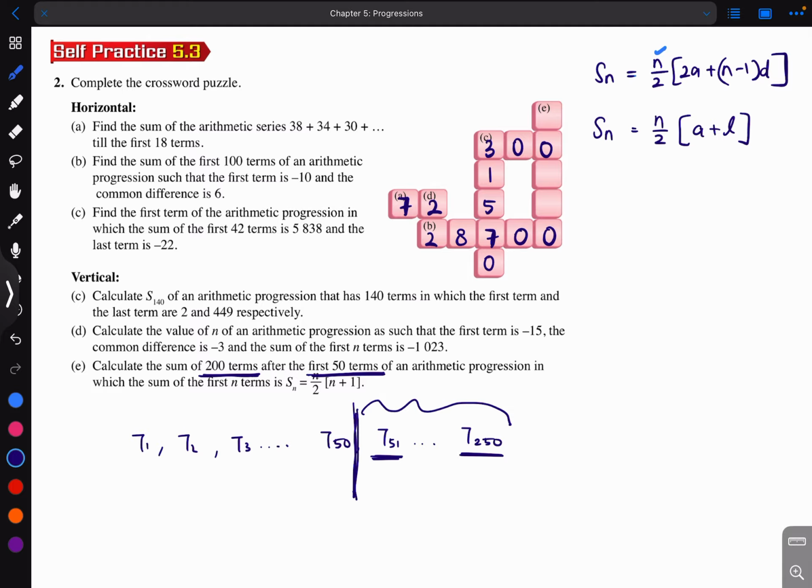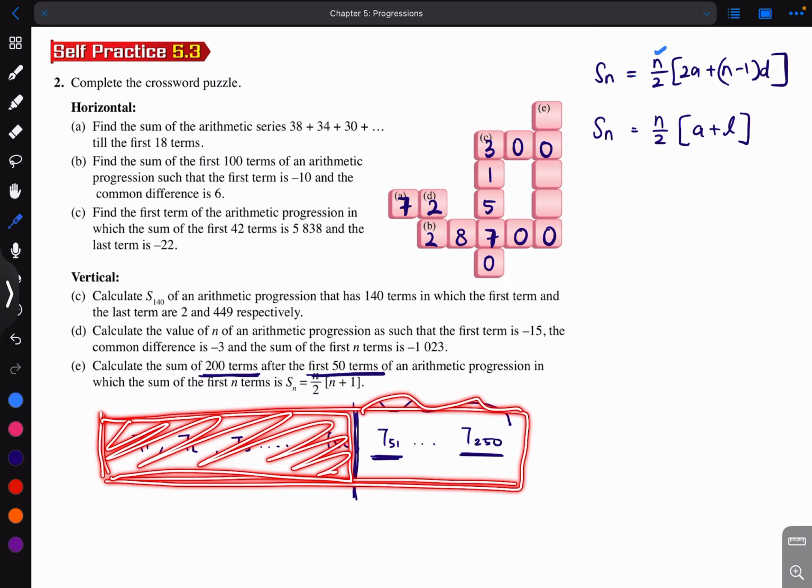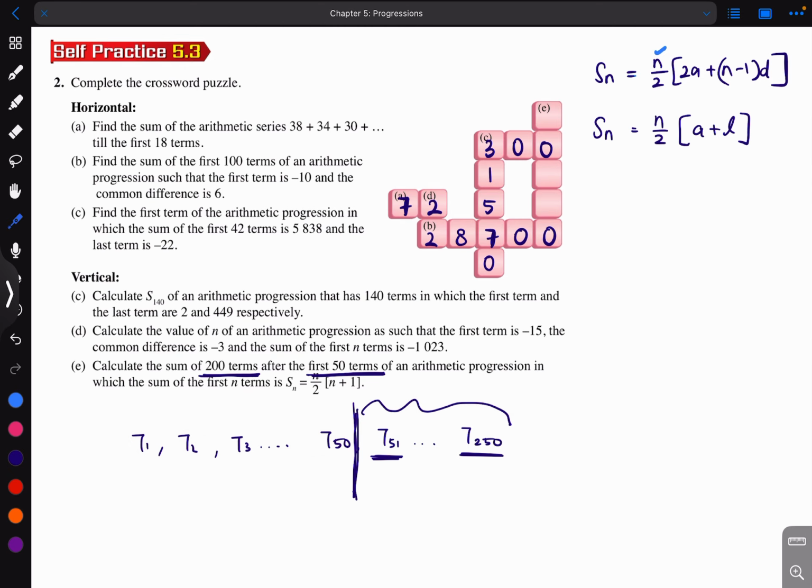So what we have to do is, we have to do S250 to find from 1 until 250, and then we must minus S50, the first 50 terms, to give us this part. So we need to sub n with 250 and 50. Okay, so our working will look like this: S250 minus S50. Right, so Sn is given by this formula, so we just have to put it in.